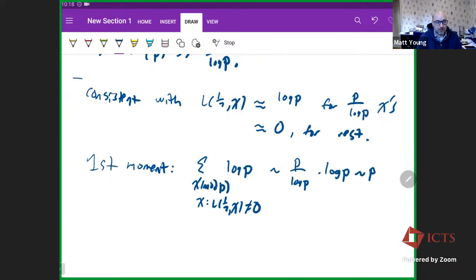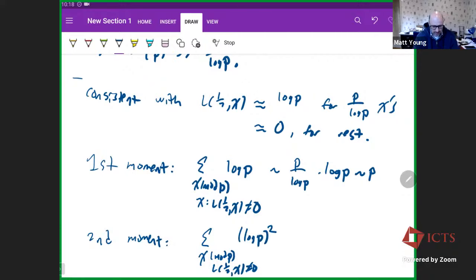That's what I claimed was an exercise: to prove that the first moment is size P. For the second moment, we'd have the sum over chi mod P where the L function doesn't vanish, and then log of P quantity squared, because it's size log P, but it's a second moment, so it's log squared P. This would be P over log of P times log squared of P, and that's P log P. That's what we proved as the asymptotic for this.